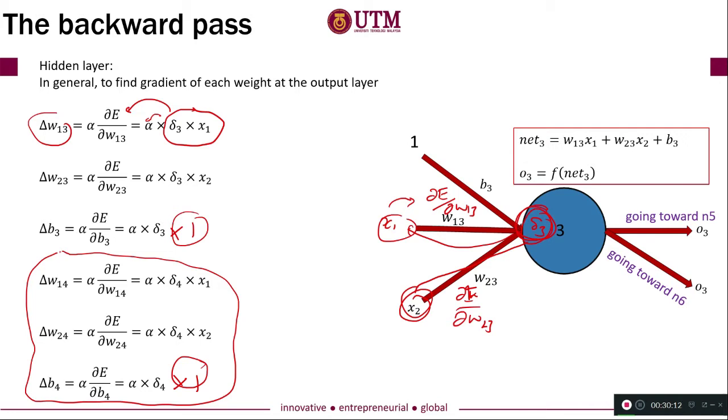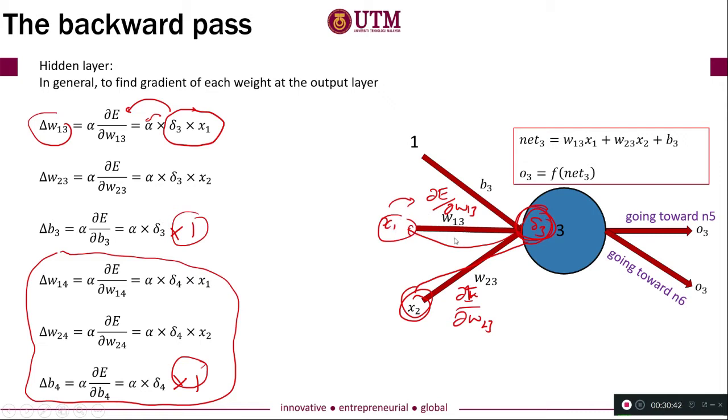Now we have a very general pattern. To find the updater of W13, you need to know delta 3 and the input value which is going through the line that you want to investigate. If you want to find the gradient of this one, what is the input going to that line?